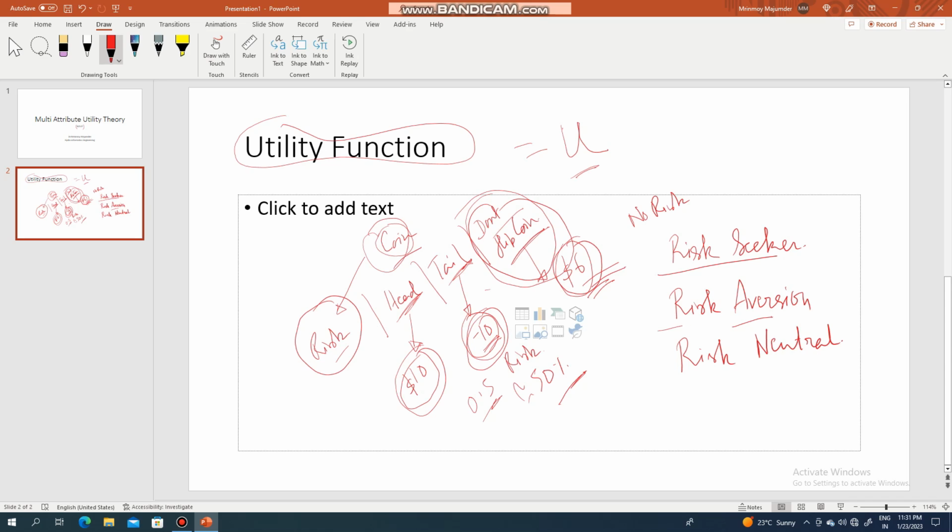And what about the risk neutral? This third type of person will neither take risk nor try to avert the risk, but will remain in a neutral position. What type of position is that?